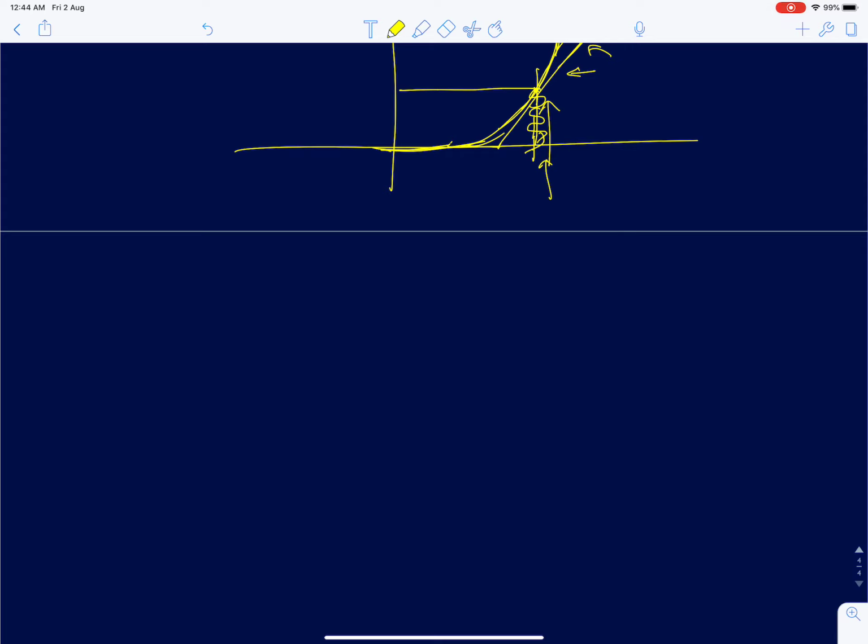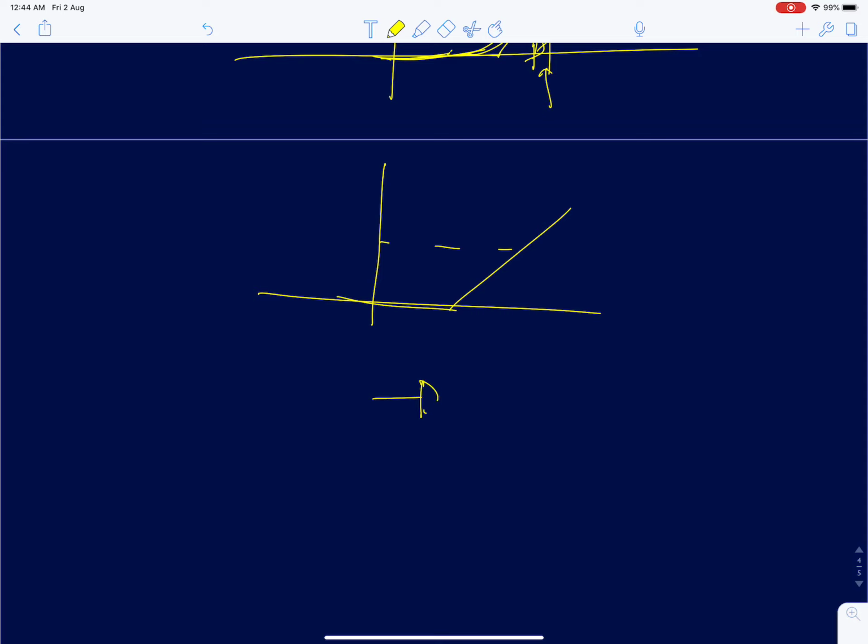In the linear model, we first model the diode as an ideal diode with 0 cut-in voltage, and then add a voltage source equal to the cut-in voltage and a resistor of value R on, and the value of R on is given by VT upon IDQ.